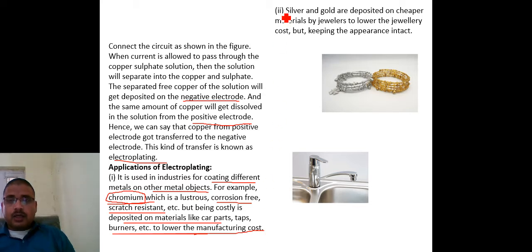Here again, silver and gold are deposited on cheaper materials like jewelry to lower the jewelry cost, since gold and silver cannot be afforded by everybody. To reduce the cost, they electroplate the materials with gold and silver, so that the cost can be borne by their customers.